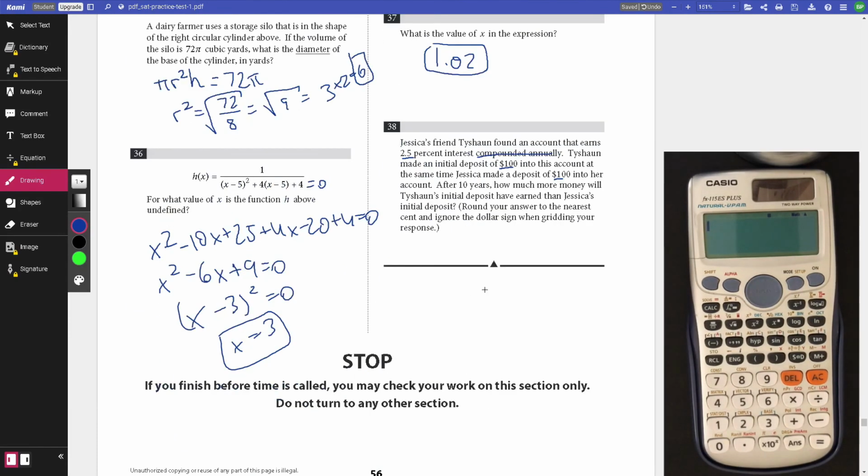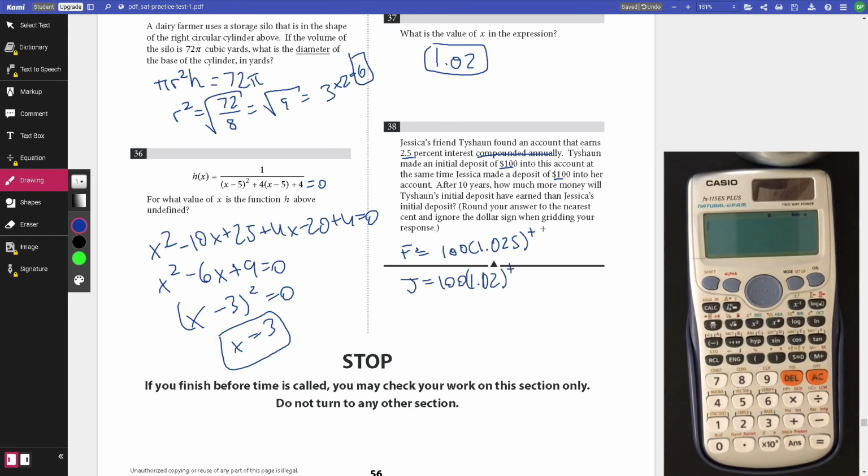So for this, the equation for her friend would be 100, and then by the same logic as the previous question, 1.025 to the power of t, and then we have Jessica's equation, which is similar.